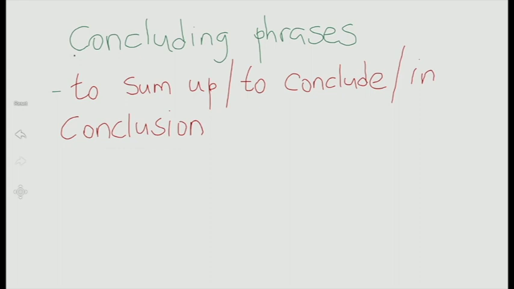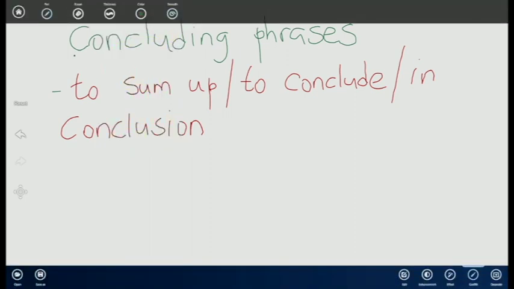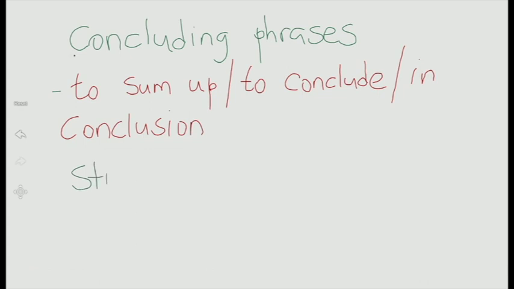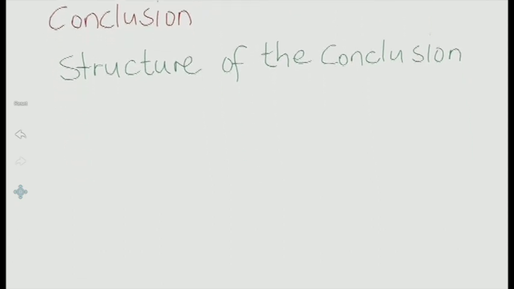These three you can use to show that now you've got to the end of your discussion and all that is left for you to do is to conclude that particular argument. And then when you conclude, what is the structure of the conclusion? So let's look at that one. We're looking at the structure of the conclusion. How should it look?